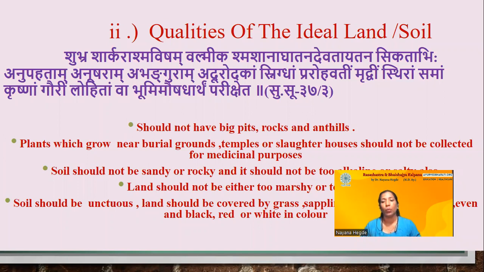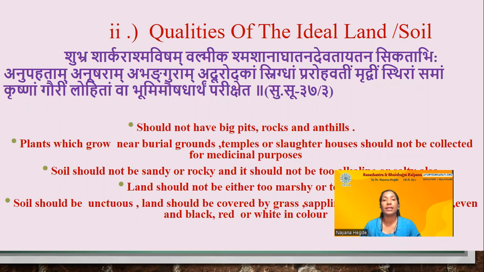Now we are coming to a specific land. How should the land be? What are the qualities of the land? Qualities of ideal land or soil we are going to study now. Sushruta Sutra, 47th chapter, 3rd shloka, they have given how the qualities of land should be.